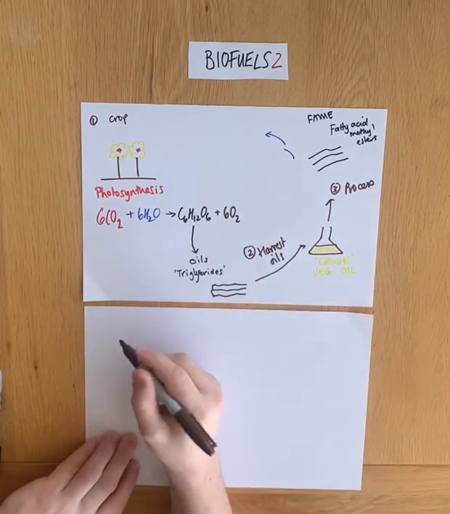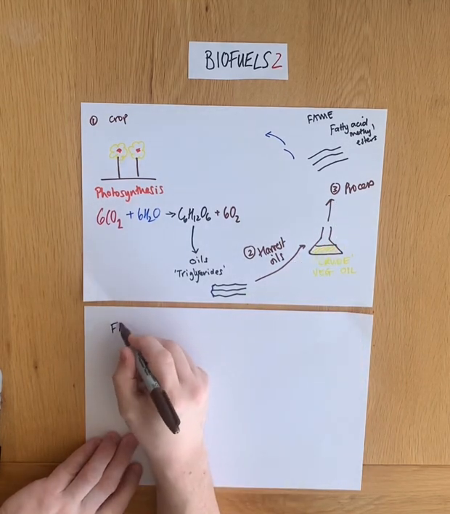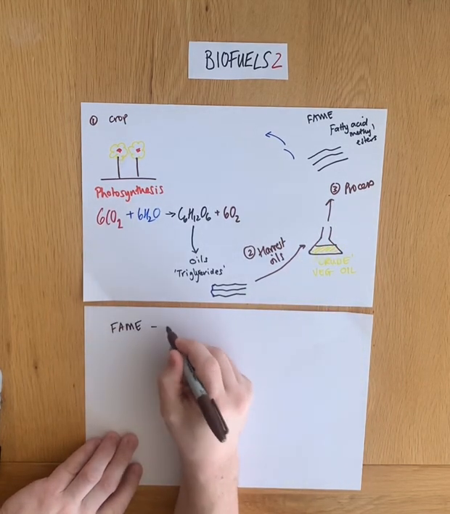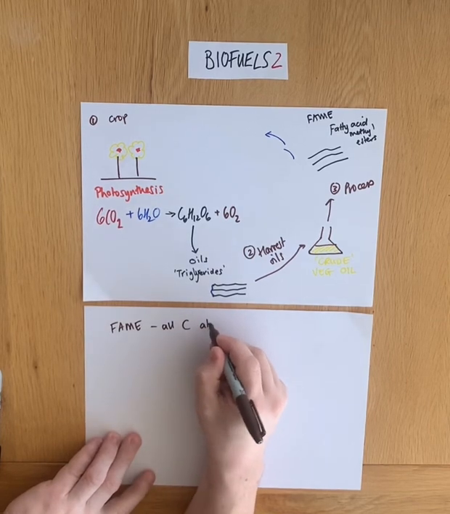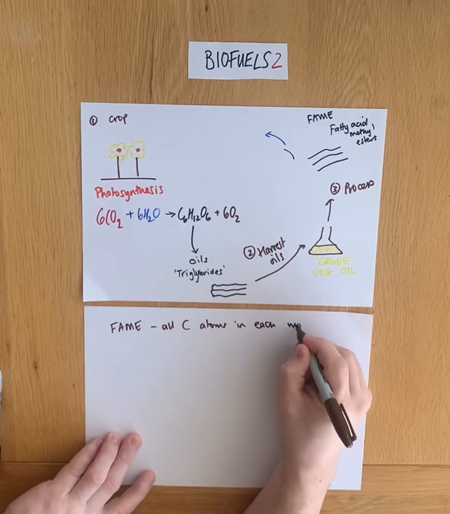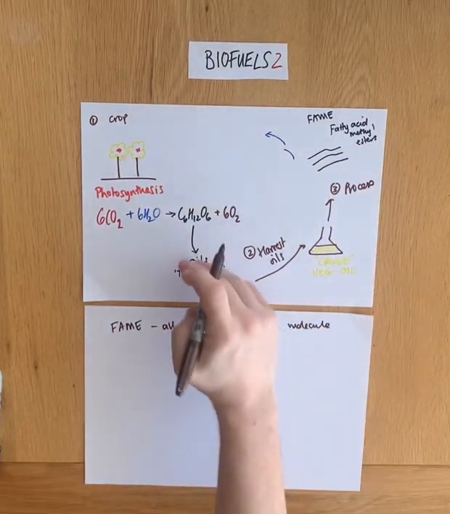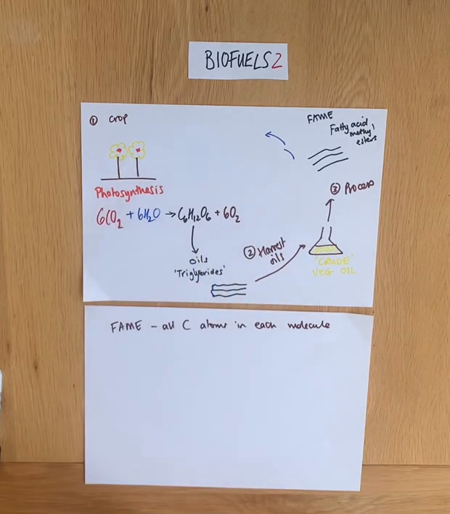So let's just say that all the carbon atoms in each molecule of the fatty acid have come from the glucose that was produced from photosynthesis.